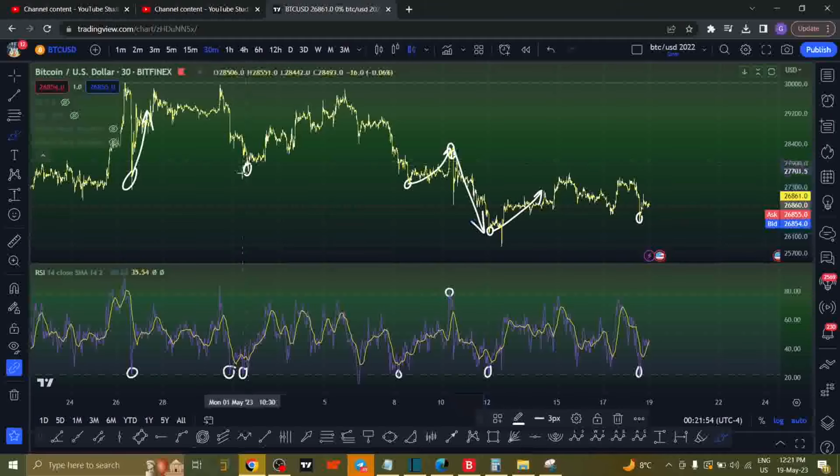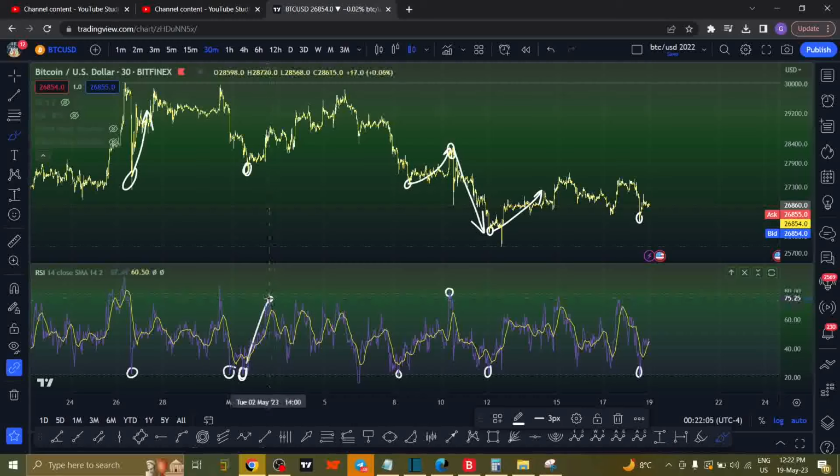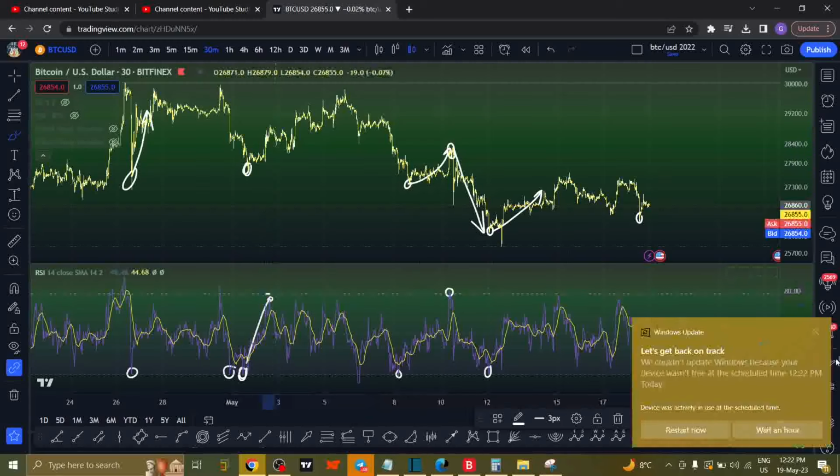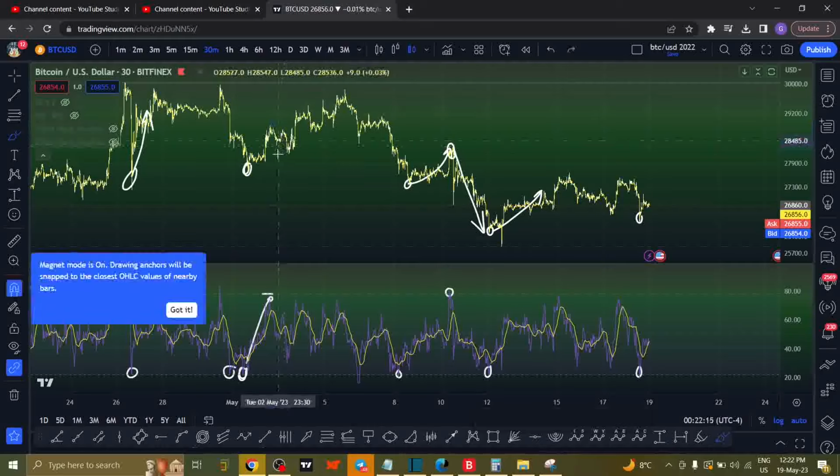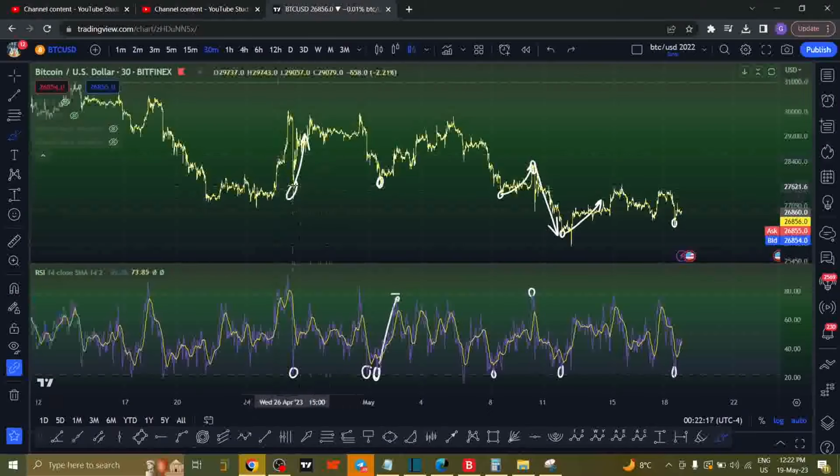Let's go back to this buy zone right over here. We triggered our 20% index. Sooner or later, we headed towards our 75% to approximately 78% index. And hallelujah, we had a pullback. Same thing with this buy zone right here.